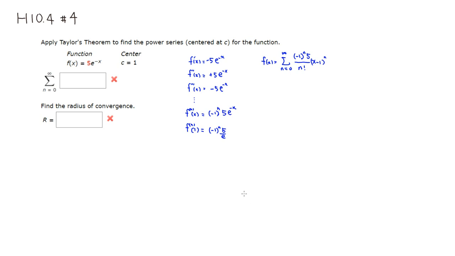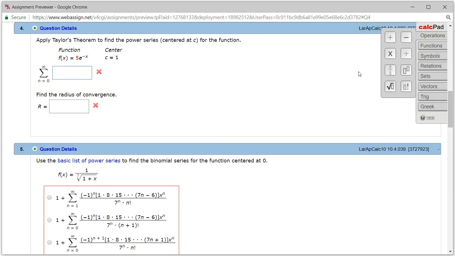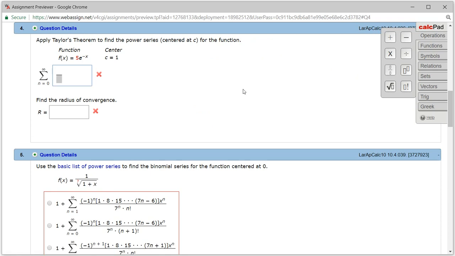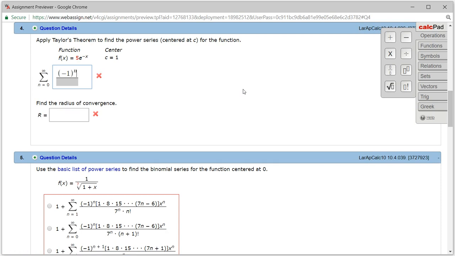So let's type it in. We have a fractional form: negative 1 raised to the n times 5 over n factorial. Oh, and I forgot to put e, sorry.